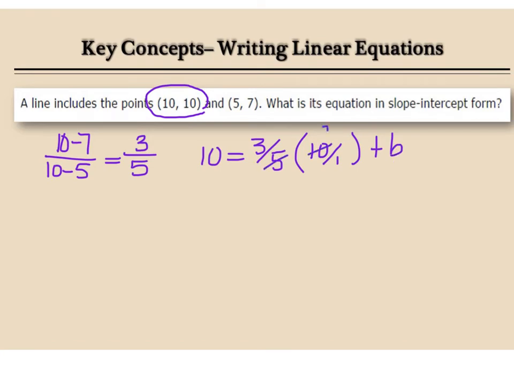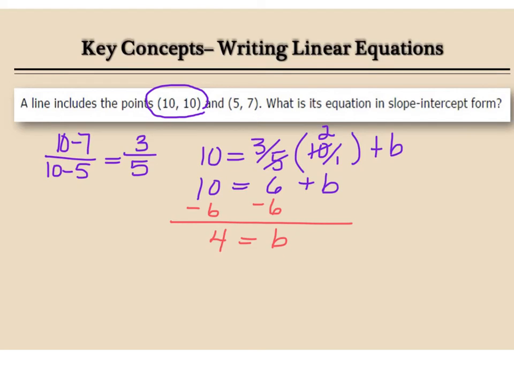I can simplify those. I have 10 equals, 3 times 2 is 6, plus b. I subtract 6. I get 4 equals b.